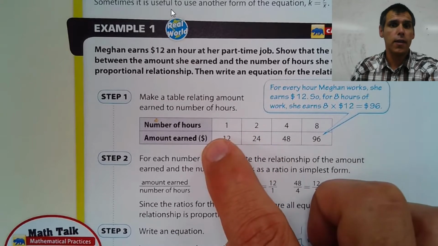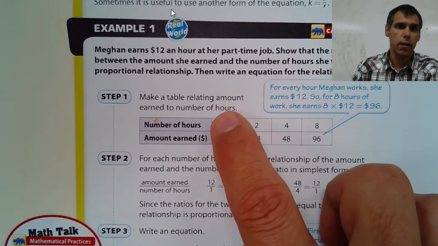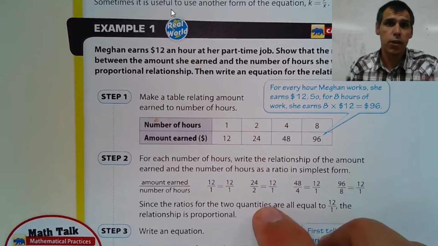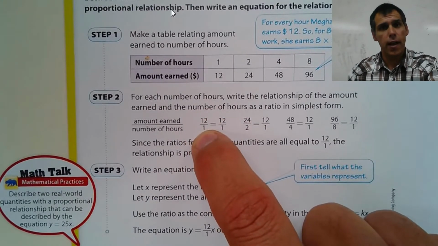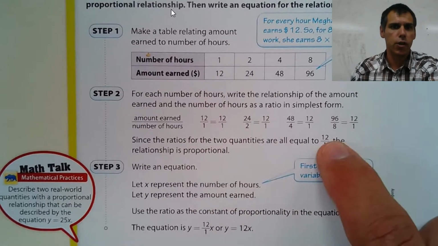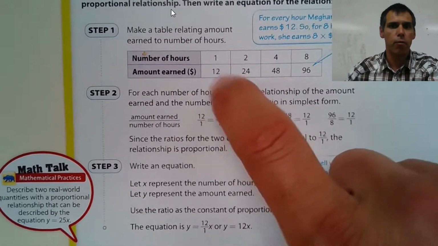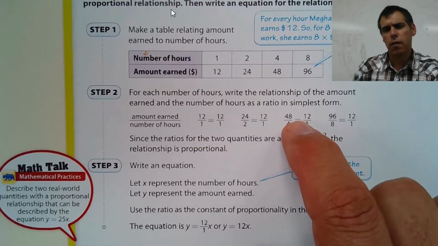So everything in the second row is 12 times the size of everything in the first row, because she earns $12 an hour. And if we divide the amount she earned by how many hours she worked, we're going to get 12. So the ratio is definitely proportional throughout. And anytime you get paid hourly, it's going to be proportional.